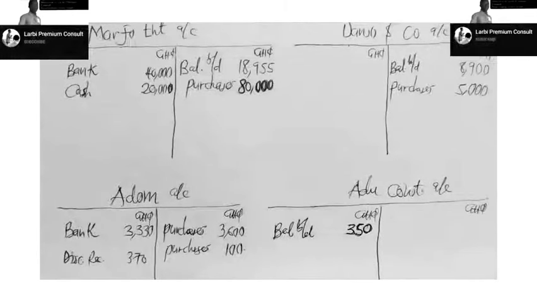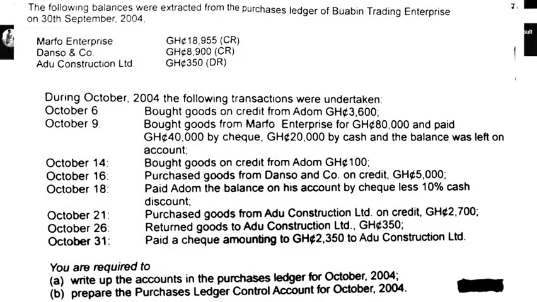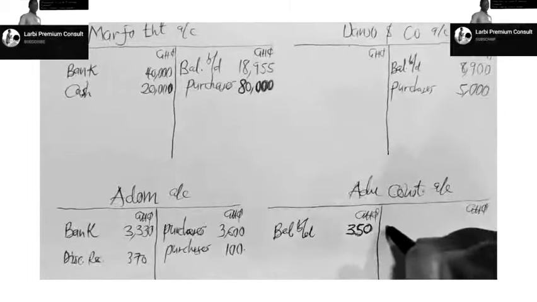So let's see. Once we have done that, let's check other transactions that relate to Edu Construction Limited. There we have October 21st. Purchase goods from Edu Construction Limited on credit, which was 2,700 Ghana cedis. So I'm going to record. So once we purchase from Edu on credit, Edu is the one giving to us. So the double entry is the same, it doesn't change. So once Edu is the one giving, Edu's account will be credited and the other account will be debited. So I'm going to credit Edu account in the name of what?